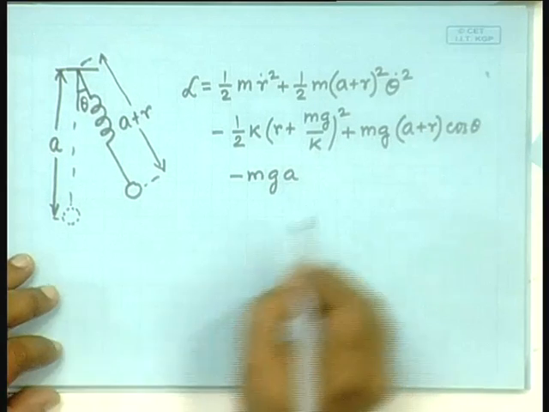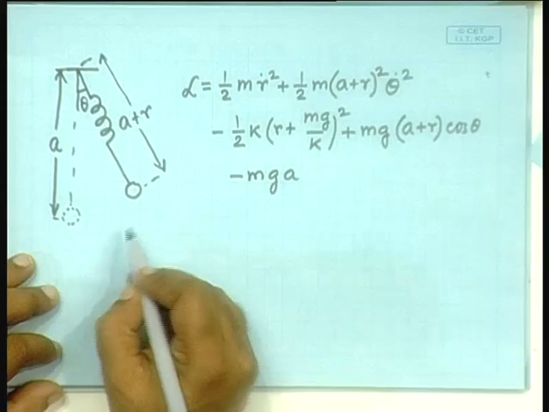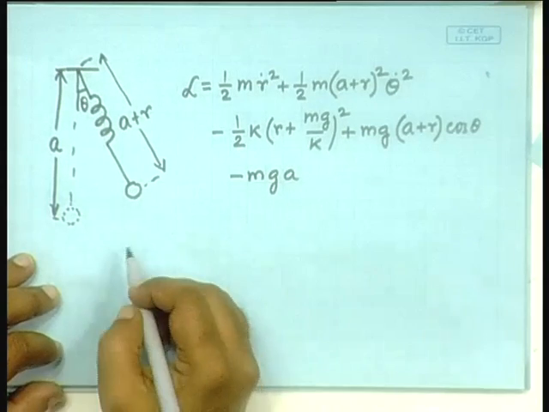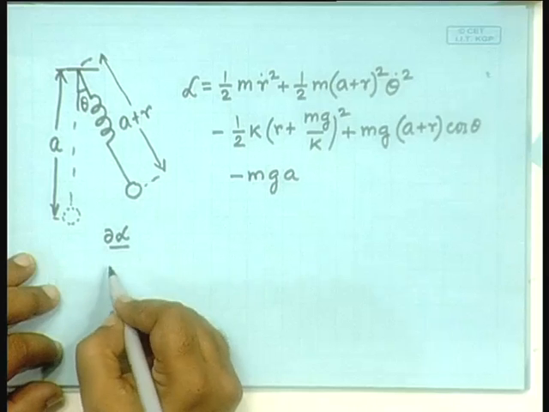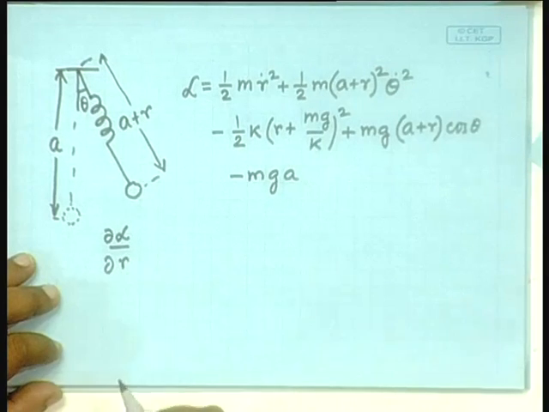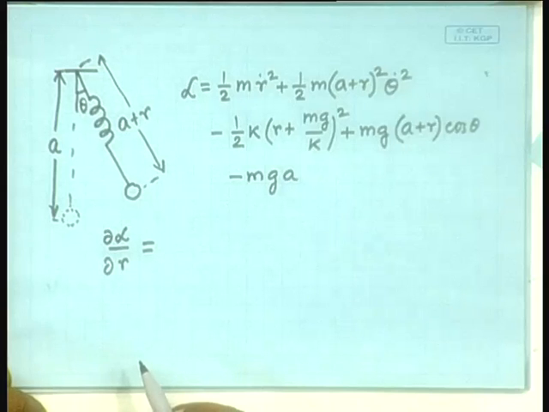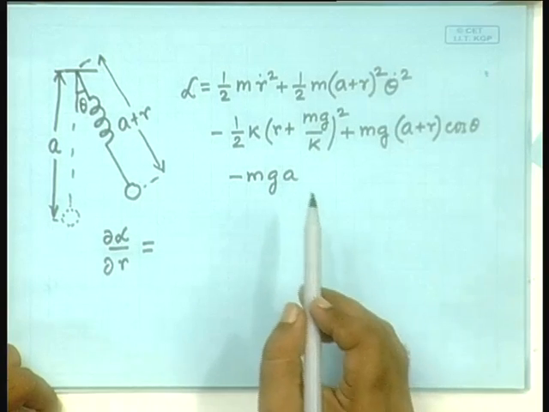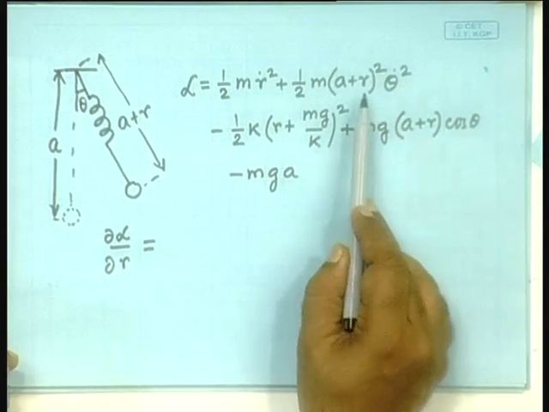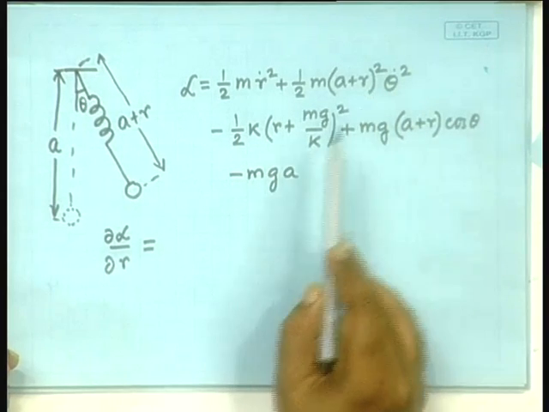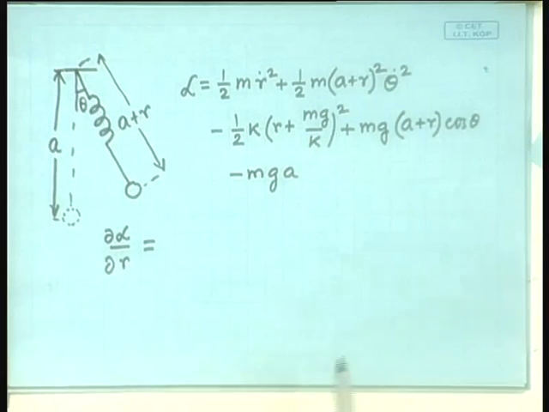Okay. So, now you start writing the derivatives with respect to the two coordinates. The first derivative that you would write is Lagrangian with respect to r. When you write in terms of r, this has to be differentiated, this has to be differentiated, this has to be differentiated.